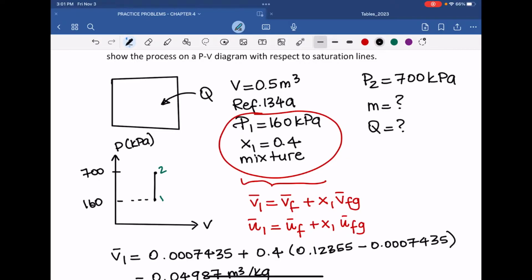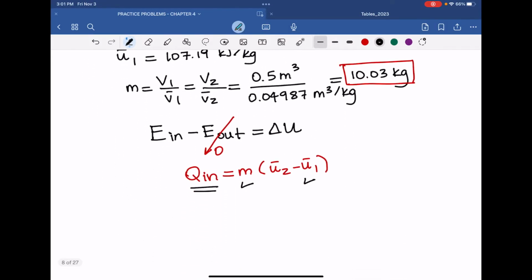And it seems like I don't know any other property, but actually you do, because it's a rigid tank. So you need to remember, in the case of a rigid tank, specific volumes at the first state and at the second state are equal to each other. And also the pressure they give us was 700 kilopascal.